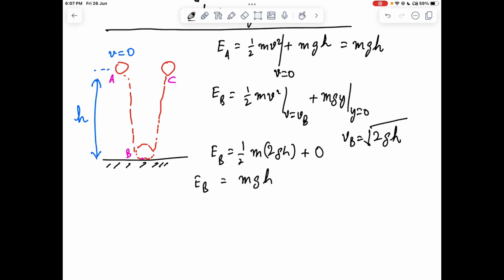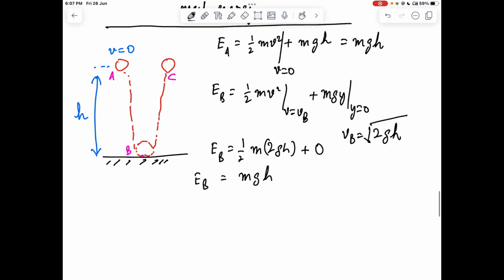Okay, now at point C, E_C is similarly equal to half mv square plus mgy. Of course, when it rises up, it again attains the velocity v_A, which is 0, and y is equal to h.